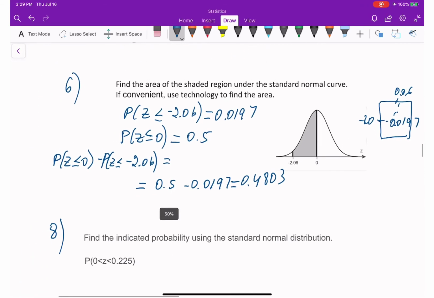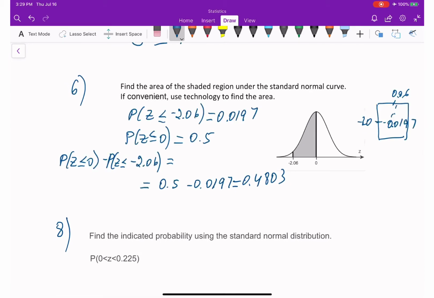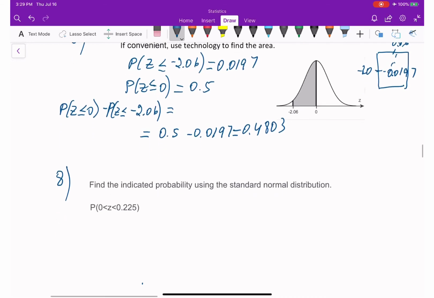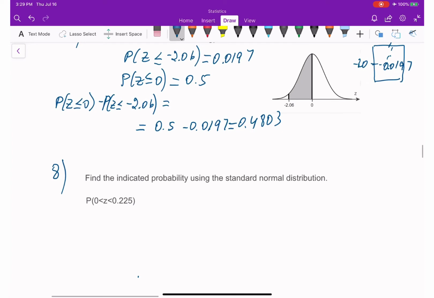So from question number 6, we are jumping to question number 8 because 7 is practically working with the table, so I didn't cover that question. You can do it. Question number 8. This is also working with the table. It's just between areas. That's why I wanted to show you how to do it one more time.